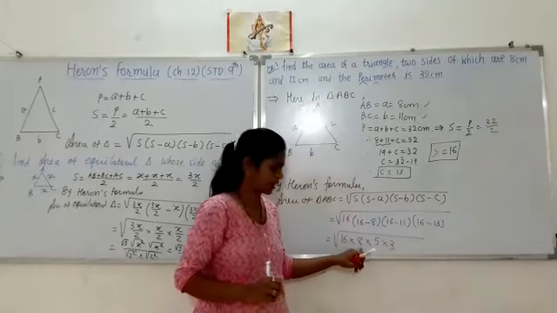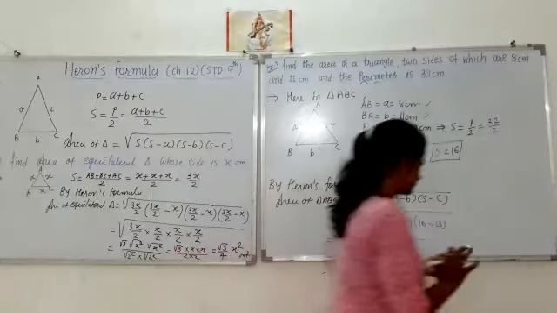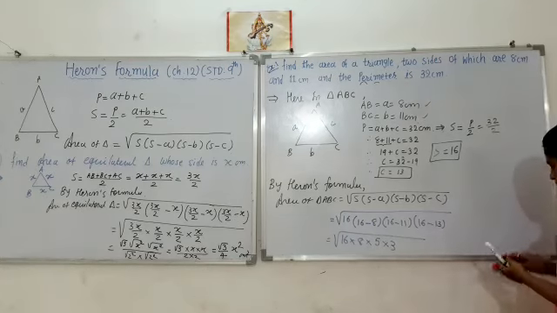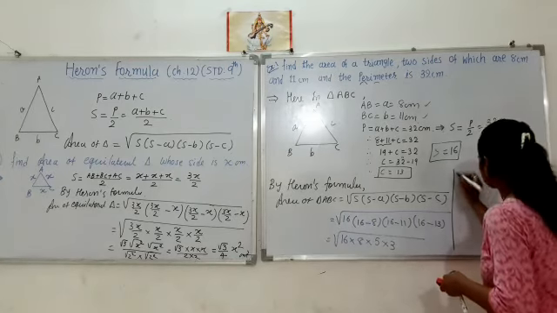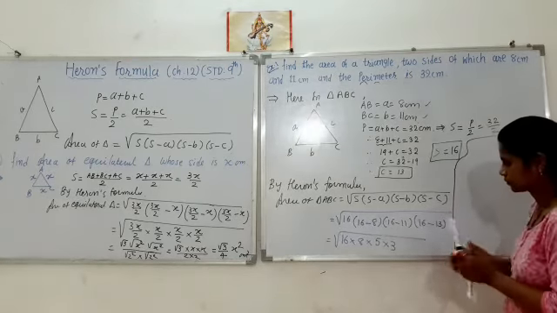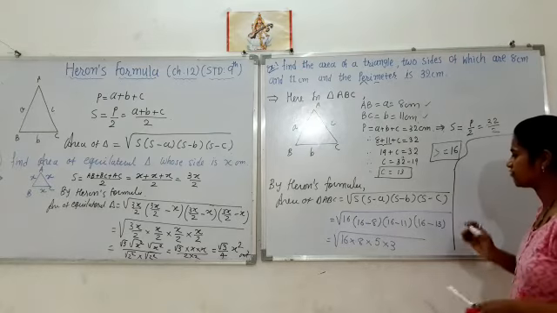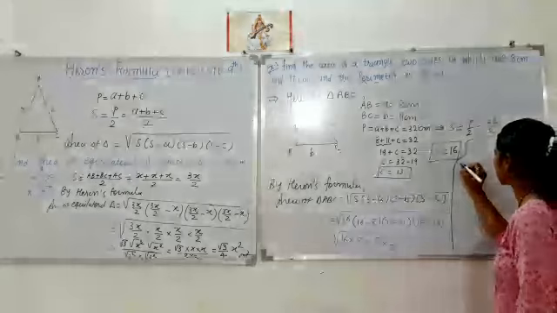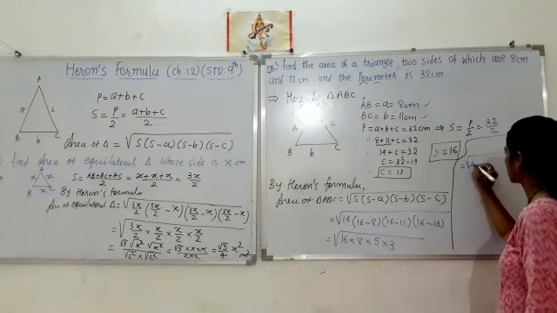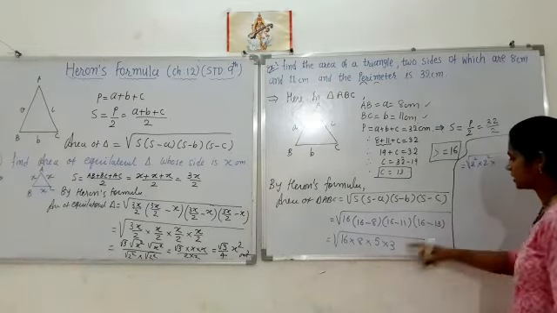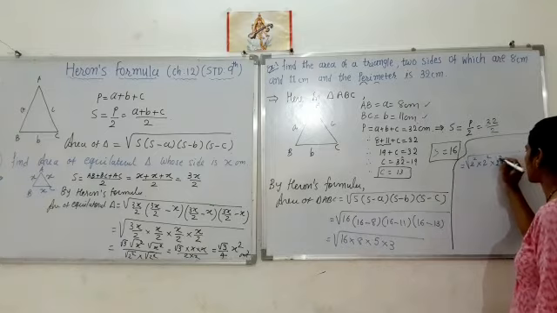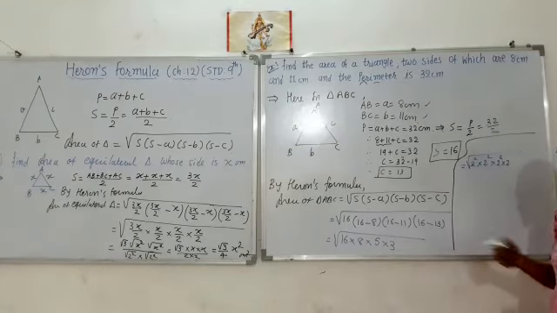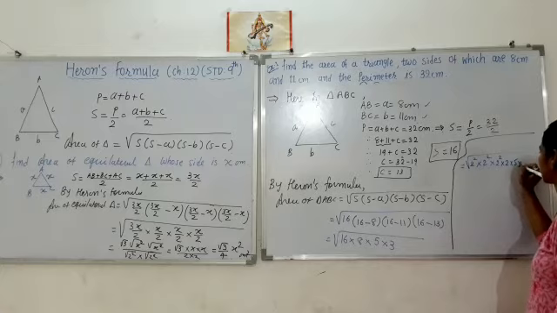Now take the prime factors of the insides. 16's prime factor is 4 into 4, that means 2 square into 2 square. So you can write square root of 2 square into 2 square. 8's factor is 2 square into 2, because 4 twos are 8. 5 and 3 are prime numbers, so their prime factorization is itself, 5 into 3.